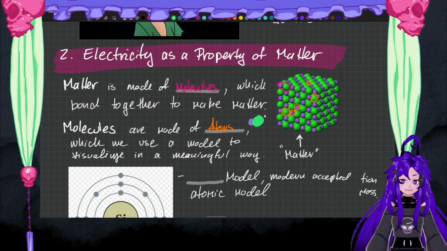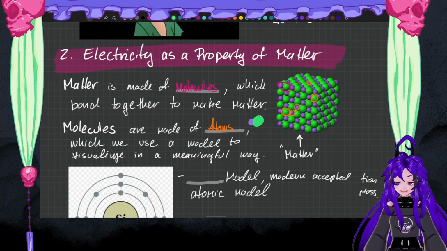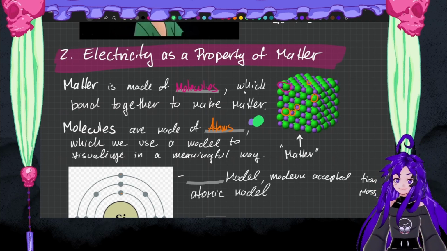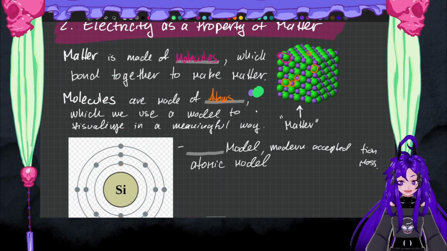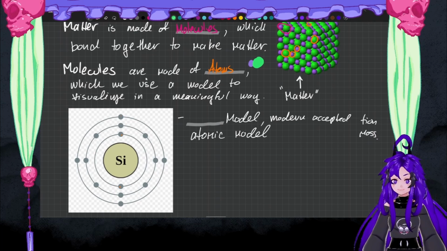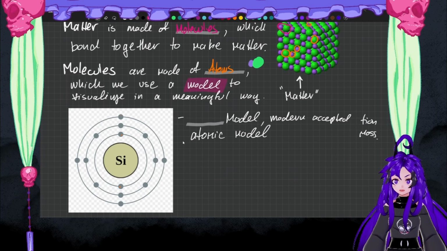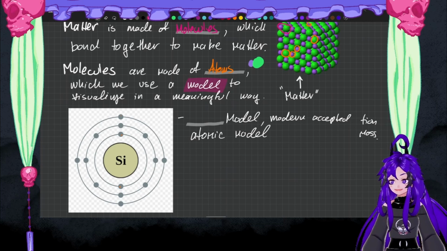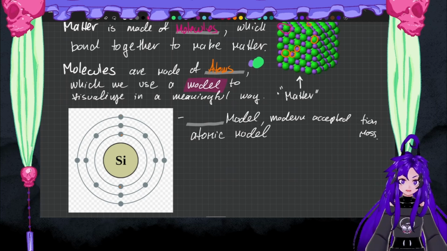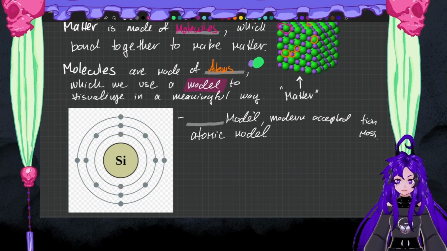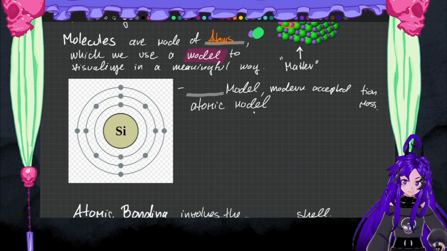These things are wee tiny little buggers. They are small. So we need a way to model this so that we can visualize it, because it is really, really hard to work with something you can't imagine. So we created metaphors for ourselves, and that's what scientific models are for.